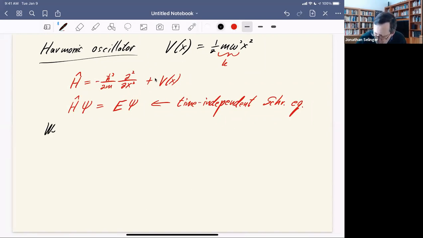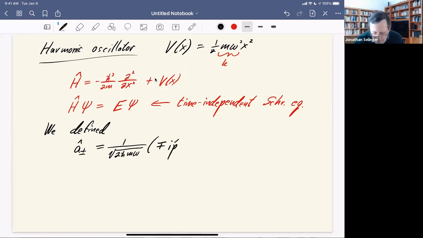We defined these operators, which look like this: 1 over square root of 2 h bar m omega, then minus or plus i p hat plus m omega x hat.